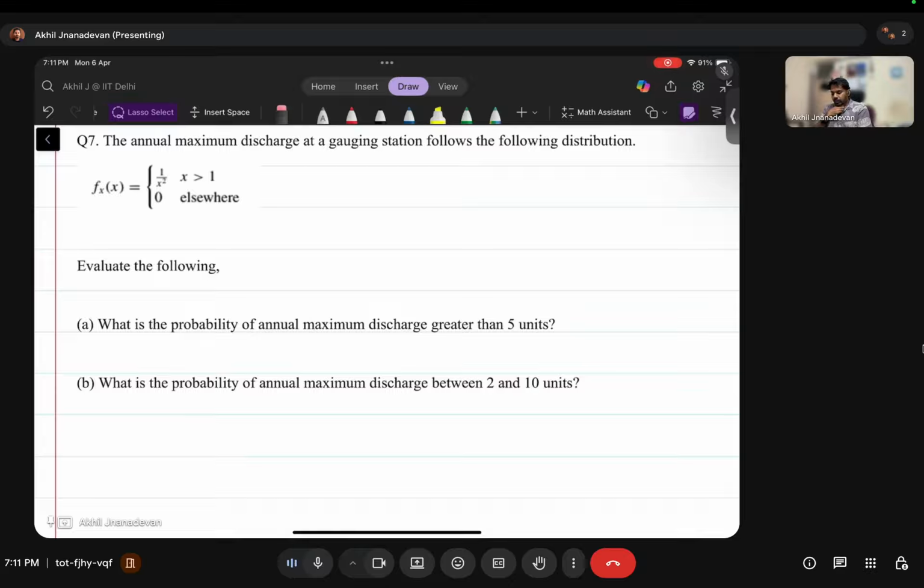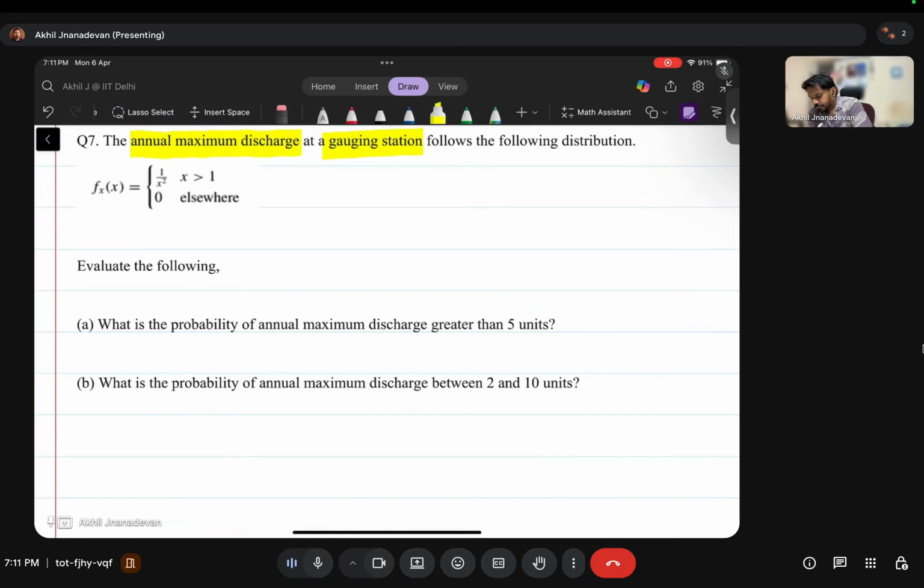It was a number, but here it is the maximum annual discharge at a gauging station. So that is discharge in meter cube per second. So that is some continuous value. It can be decimal. It is a continuous value, right? So for x greater than 1, that is maximum discharge greater than 1, it is given by 1 by x square and elsewhere it is equal to 0.